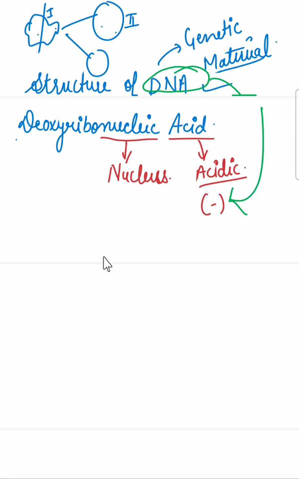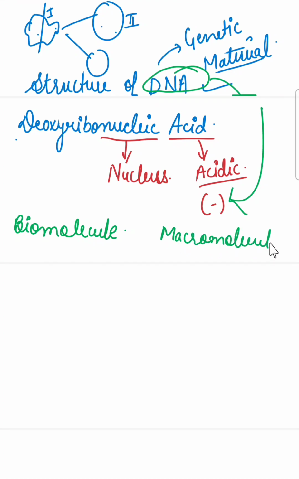Okay, now DNA is a biomolecule. We all know it is basically a macromolecule that is made up of smaller units, and the name of the smaller unit is the nucleotide. Many nucleotides, what is a nucleotide? We are going to discuss it later on, no doubt.